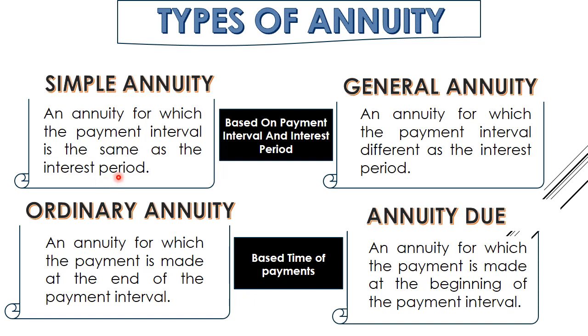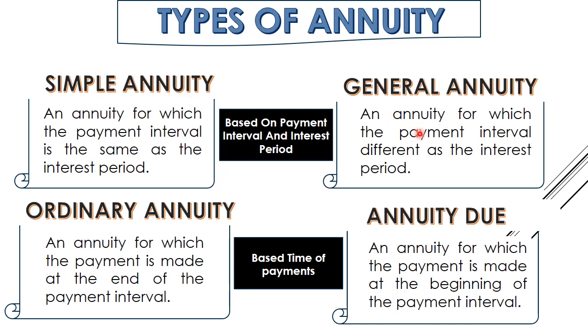For example, you have an investment where you pay every month and the interest is 10% compounded monthly. The payment interval is the same as the interest period, which is monthly, so we can say that it is a simple annuity.